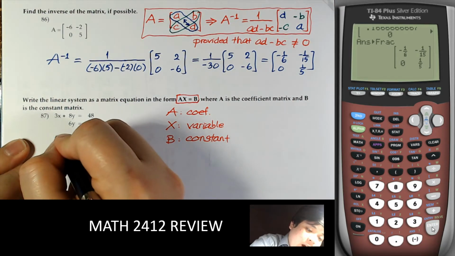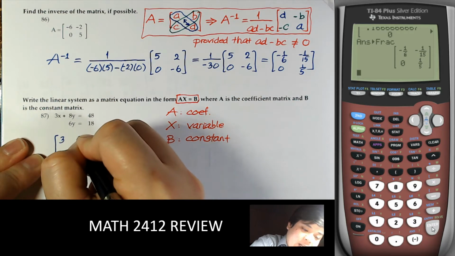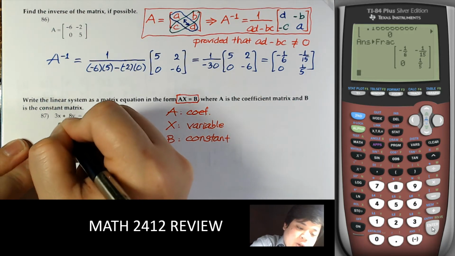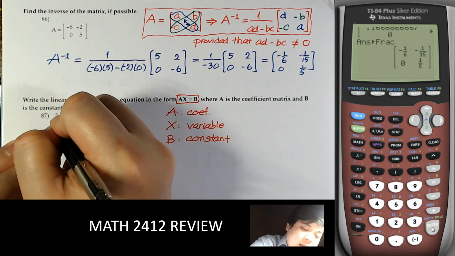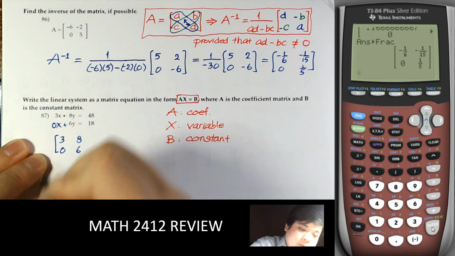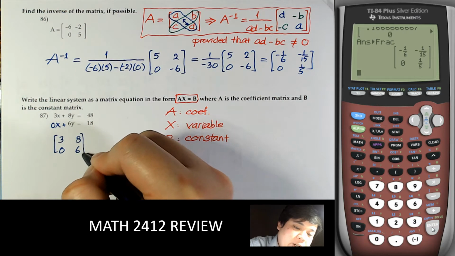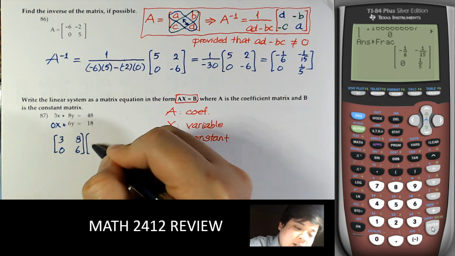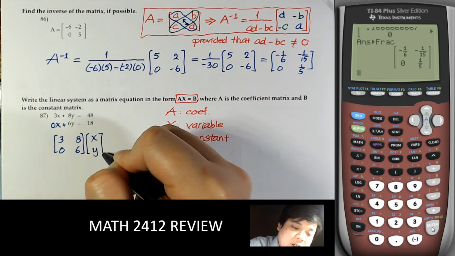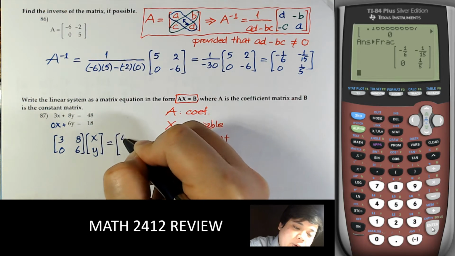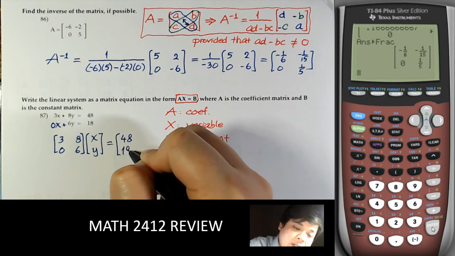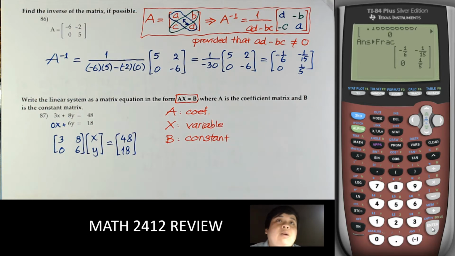So we're going to have 3, 8, 0, and 6. Those are the coefficients. Notice that here we can write 0x like that. That's A. X is the variables x and y. And then we have 48 and 18. In this problem, that's what they want us to do.